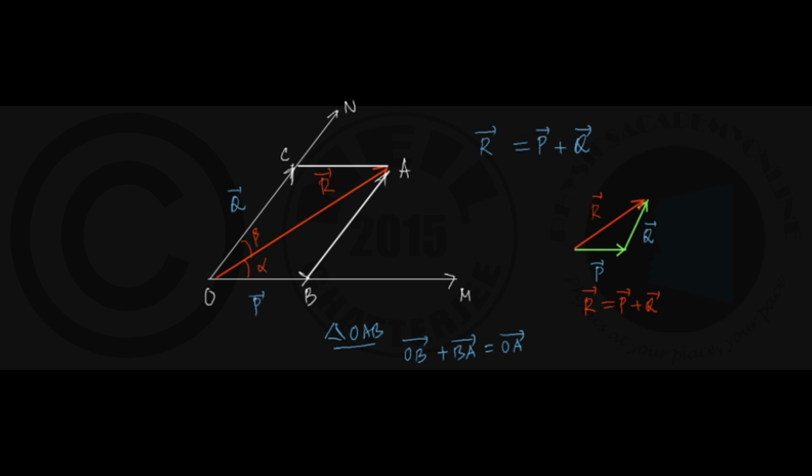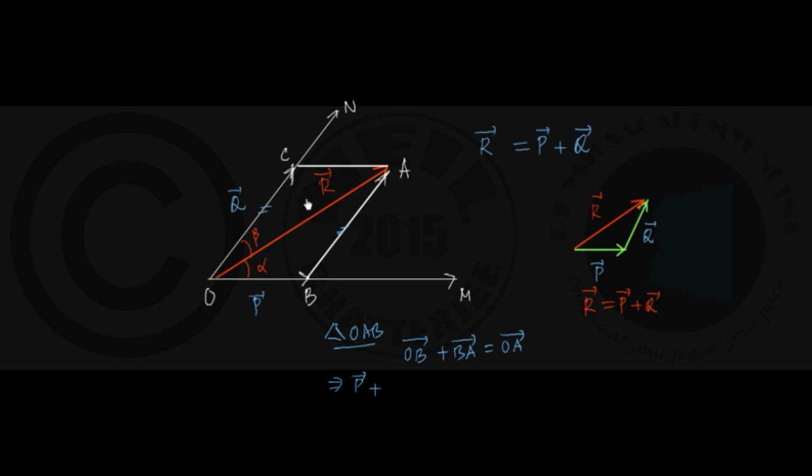But this means OB is nothing but P vector, and BA, note here, BA is same thing as OC, because in a parallelogram BA and OC are opposite sides, they have the same length and they have the parallel direction as well.